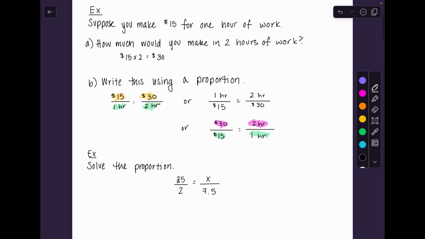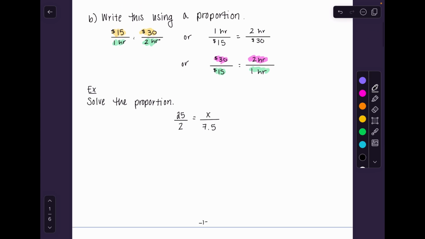So we're going to utilize these to set up some kind of equations. And a lot of times we're going to have to solve for one of the unknown components. So in this first one, we're going to solve this proportion. And we have this unknown amount x in the top. And so the easiest way, we don't like the fractions, to get rid of them, we're going to go ahead and use that technique of cross multiplying.